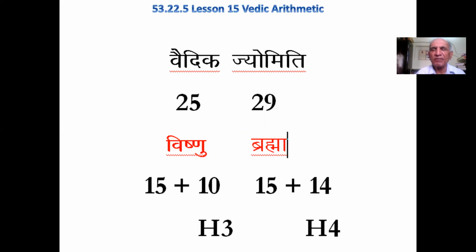And the formulation Vishnu, when being chased as Vedic formulation, will be 15 plus 10, and the Jyomiti will be 15 plus 14. And 10 is the summation value of hypercube 3, while 14 is the summation value of hypercube 4.